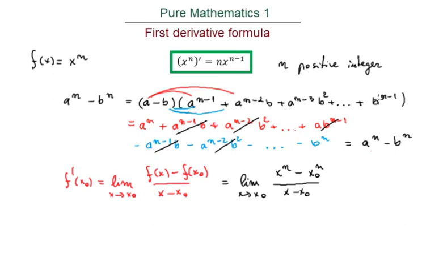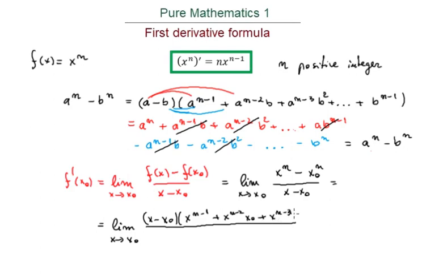And here's where our formula comes into play. So this is then equal to the limit when x tends to x0 of x to the power of n minus x0 to the power of n, which will be equal, according to the formula, to x minus x0 times x to the power of n minus 1 plus x to the power of n minus 2 x0 plus x to the power of n minus 3 x0 squared, plus, all the way to the end, where we will have x0 to the power of n minus 1.